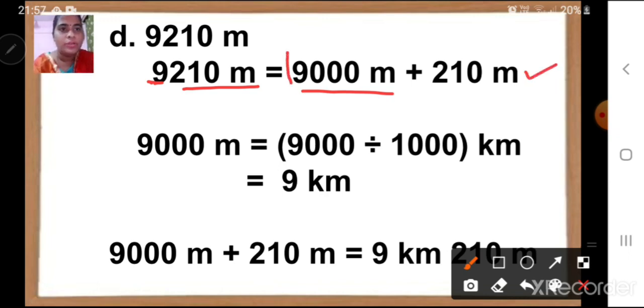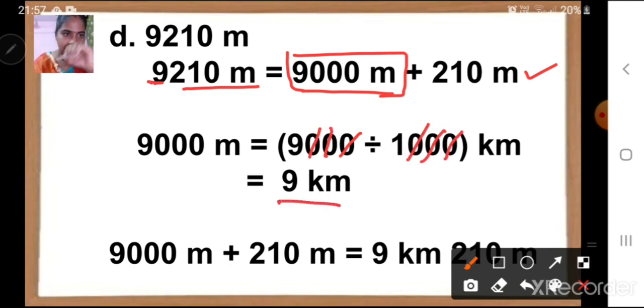Then we are only going to take 9000 meter and convert it into kilometer. This is easy. 9000 meter is equal to 9000 divided by 1000 kilometer. Divide by 1000. You can cancel the zeros here. 9 divided by 1 is 9 kilometer.